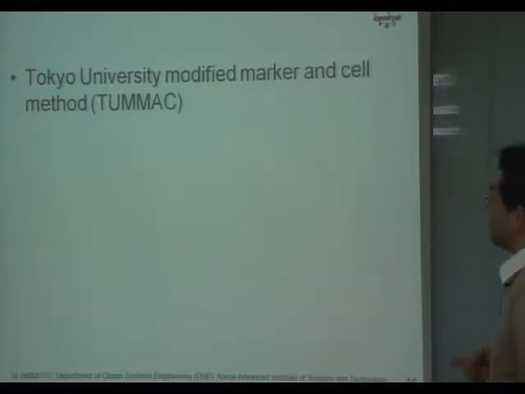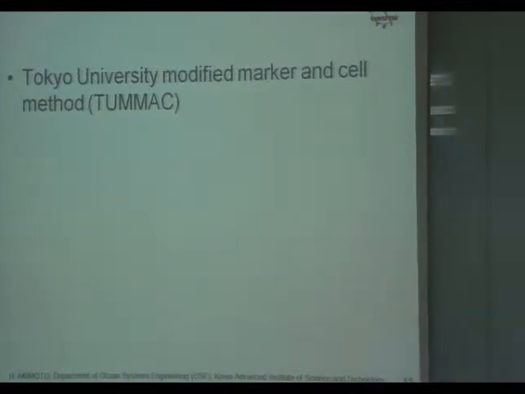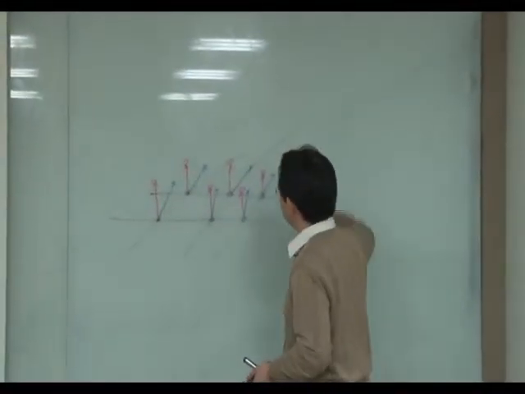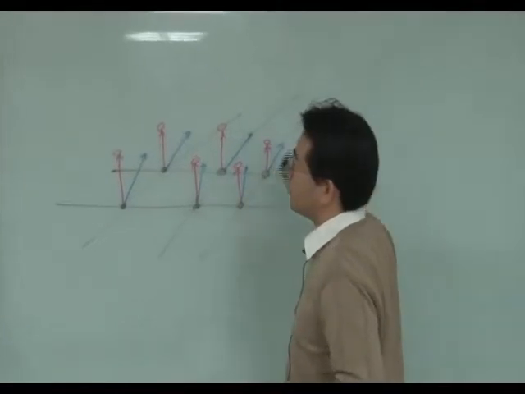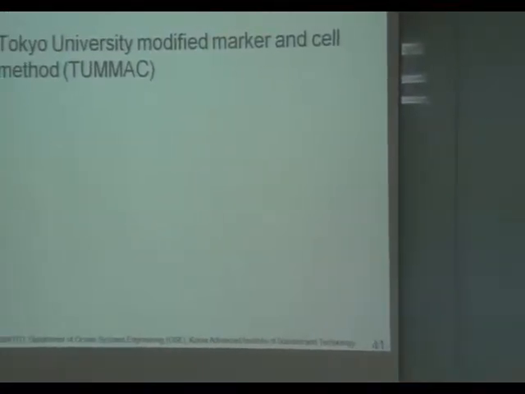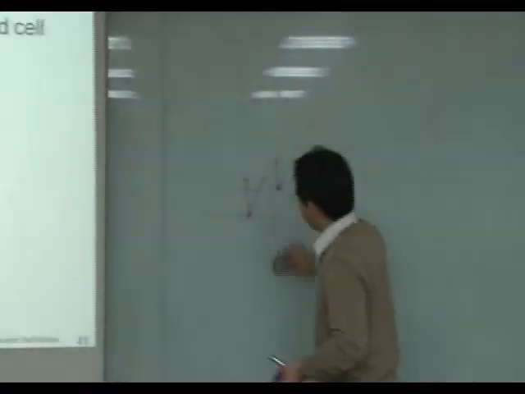At the University of Tokyo, they have a similar approach, but it has some new features. They call it the Tokyo University Modified Marker and Cell Method. So the abbreviation is TUMAC.